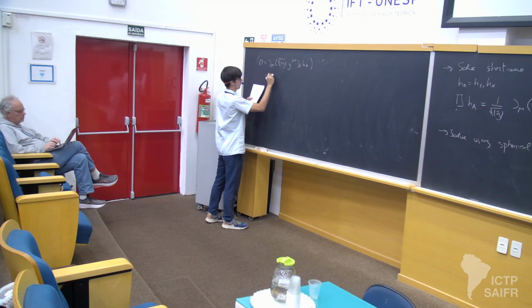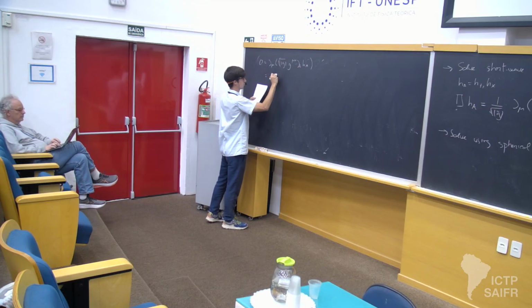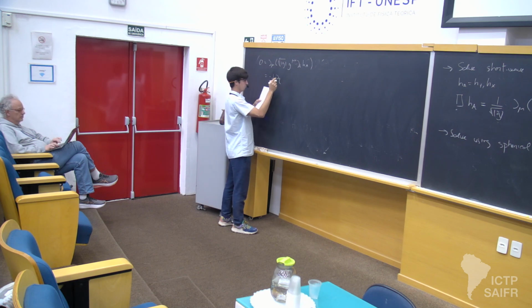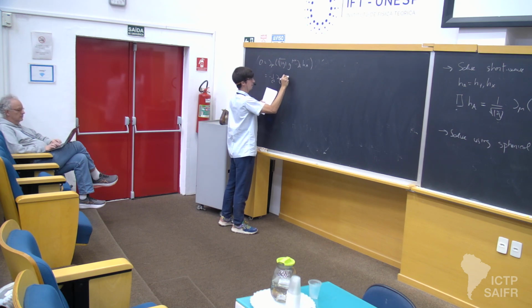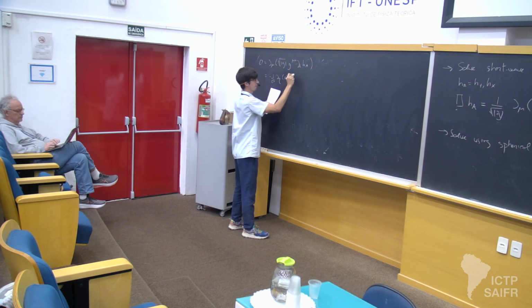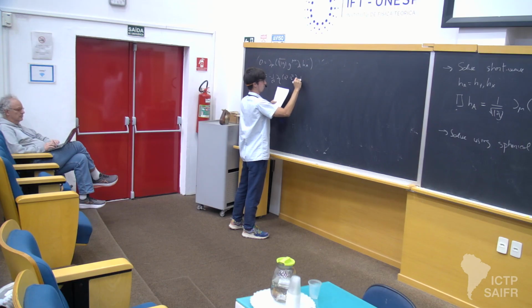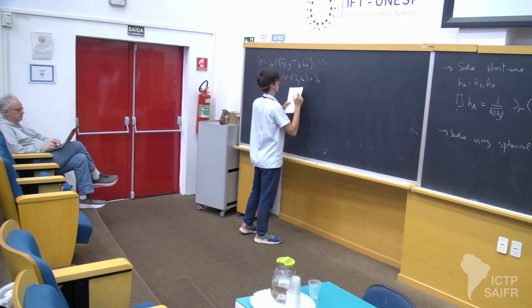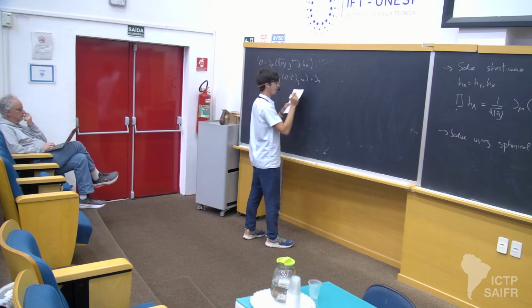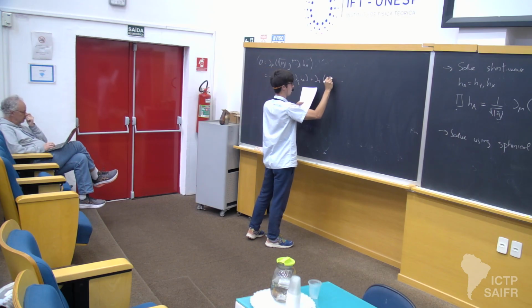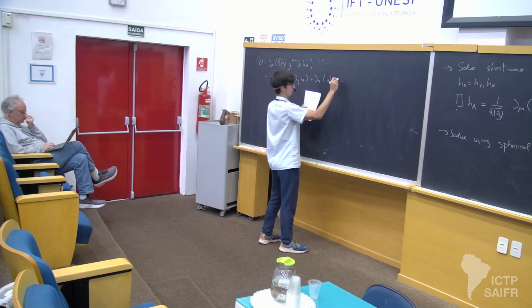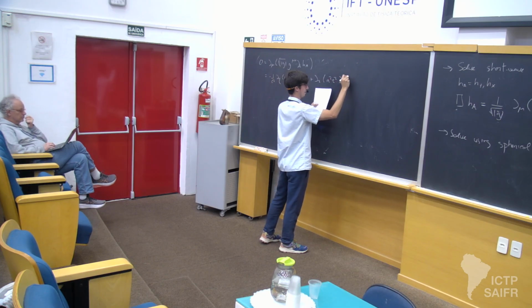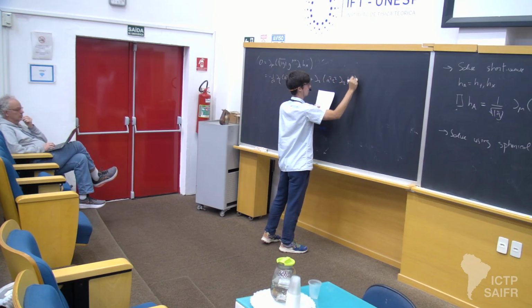So we are going to have 1 over c squared, derivative with respect to the conformal time, a squared, r squared, derivative with respect to the conformal time, h of a, times derivative with respect to r of a squared, r squared, derivative with respect to r of h of a.